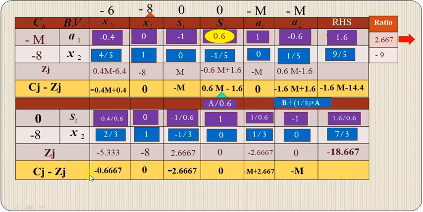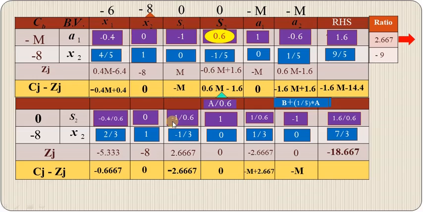For that, first of all, find where is the maximum positive value. In the last row there is no maximum positive value, or you can say all values are negative. Now the algorithm terminates because we don't have the entering variable. And for the leaving variable there is no need to find it because there is no entering variable.